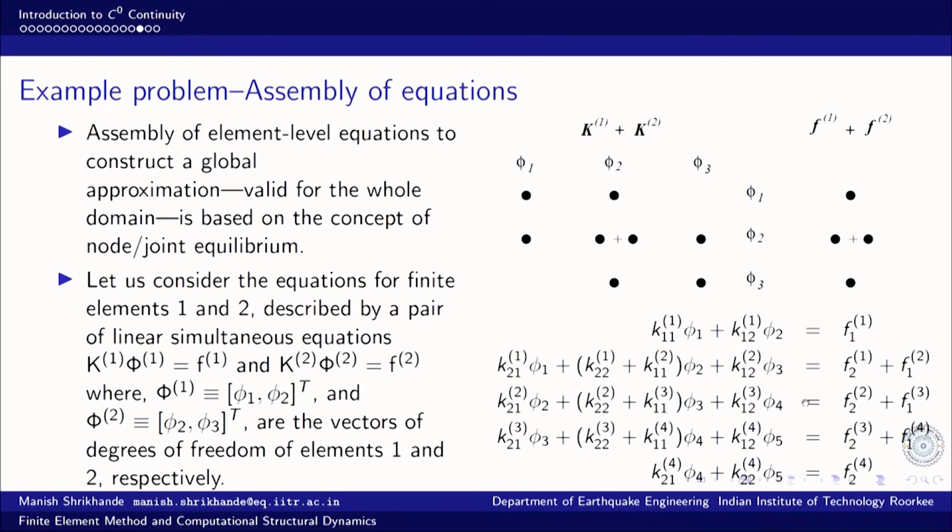Instead of calling nodes the ith node and jth node, the left hand side node and right hand side node, we just use local node numbering: local node 1 is the same as the ith node and local node 2 is the same as the jth node, and so on. And this is how it works out, and then we have a mapping defined between the local node numbers of a given element and the global ordering of the variables. So, that will map the degrees of freedom correctly, and then the assembly can be carried out conveniently.